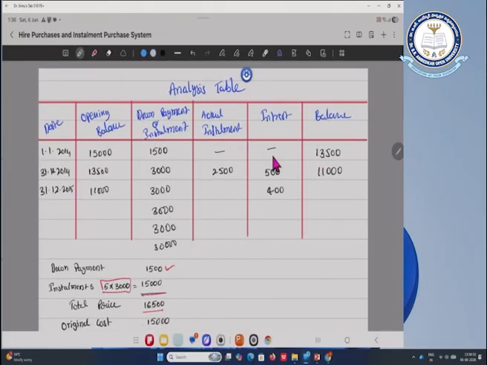So, the actual installment is 2,600. After deducting 2,600 from 11,000, the due balance is 8,400 rupees. Is it clear? So 8,400 rupees is the balance. Next year again, 2016.